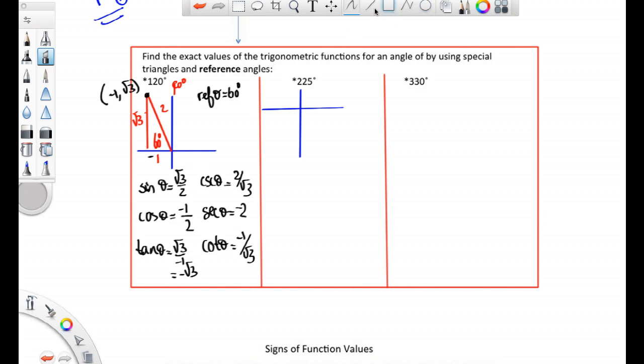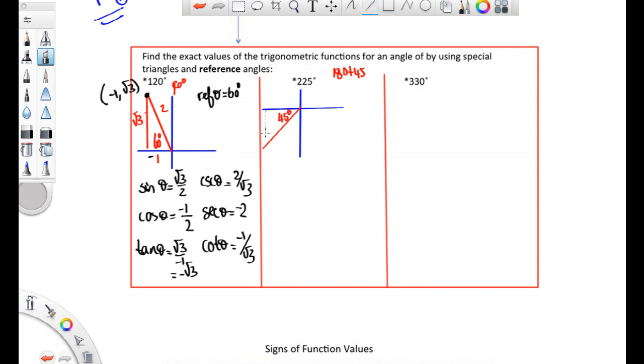And if that's 180, 225 would be 45 degrees more this way, because 180 plus 45 is 225. So the overall rotation was 225, but the reference angle that we're going to use is 45 degrees. So there's your reference angle.